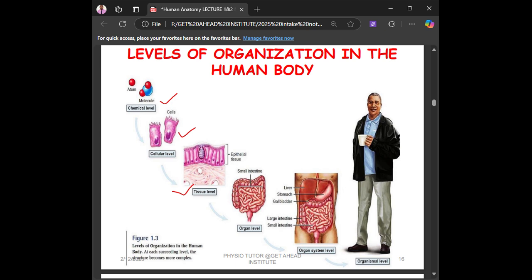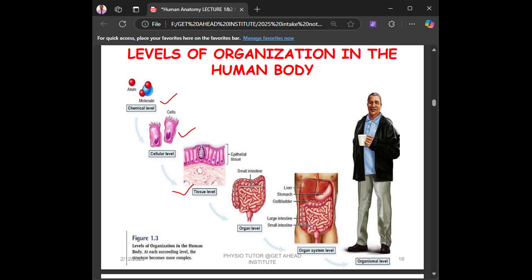It is of great importance that you understand and take note that tissues are precise organizations of similar cells that perform specialized functions. To elaborate further, we have four main types of tissues in the human body, and you get to study all these four main types separately in histology.